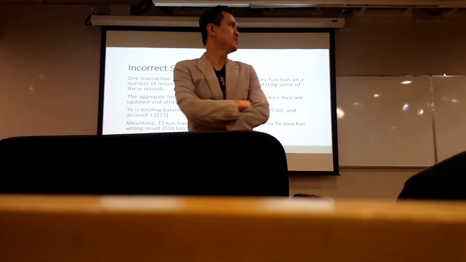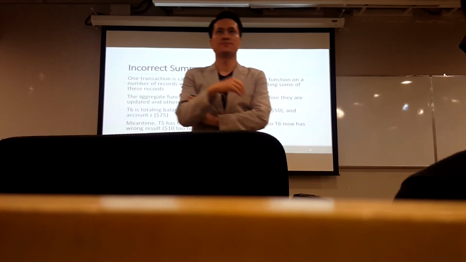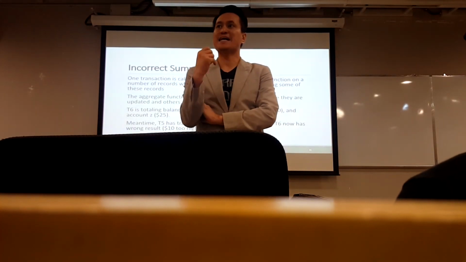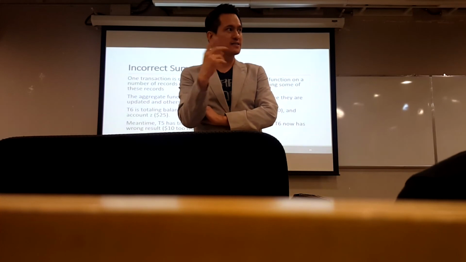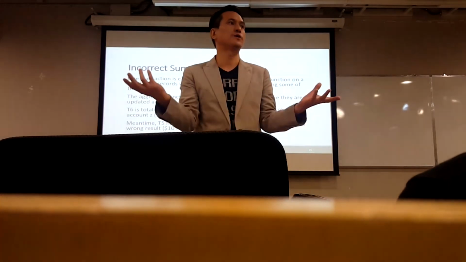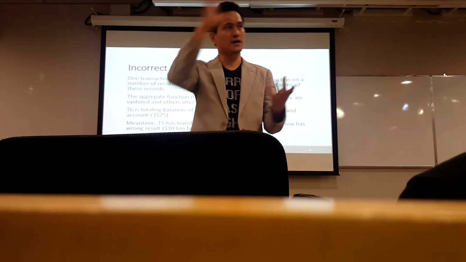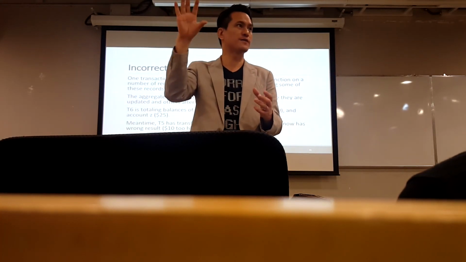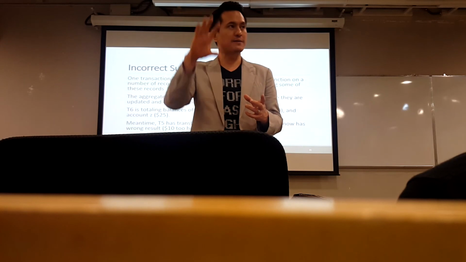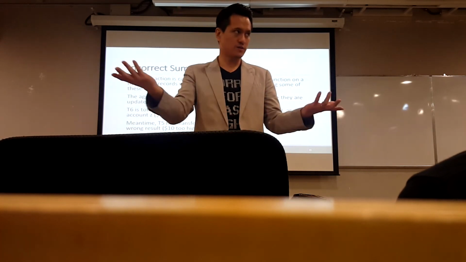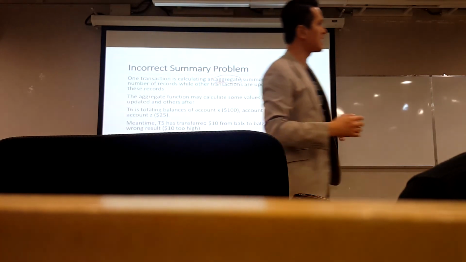All those functions we call aggregate functions because it's not the raw data. It's actually calculated data based on a whole group of records. What does average mean? For a class of 100 students, each student has a score, you add the 100 rows together and divide by 100. That is the average. So it's called an aggregate.